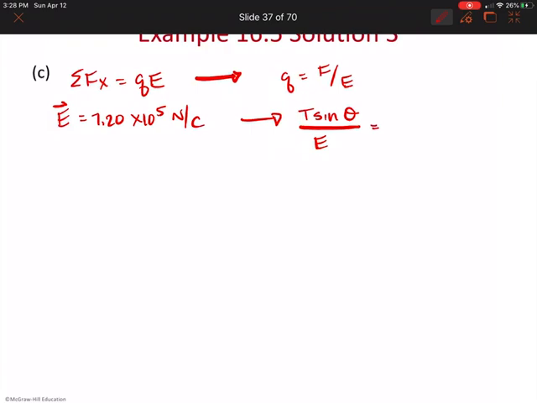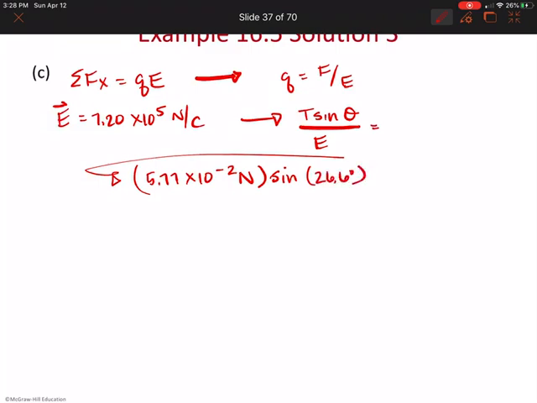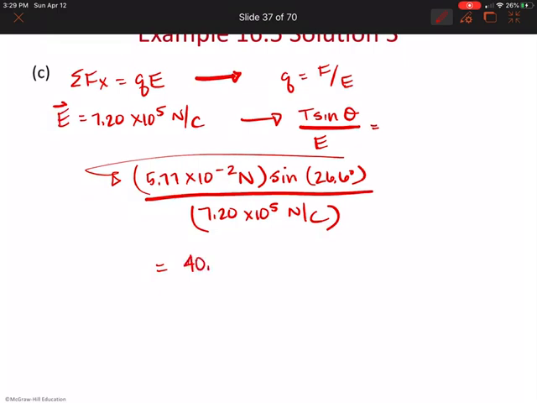Okay, so we've got our tension that we just found, which was 5.77 times 10 to the negative second newtons, times the sine of 26.6 degrees, divided by our electric field here, which is 7.2 times 10 to the 5th newtons per coulomb. It's going to end up giving you about 40.1 nanocoulombs.